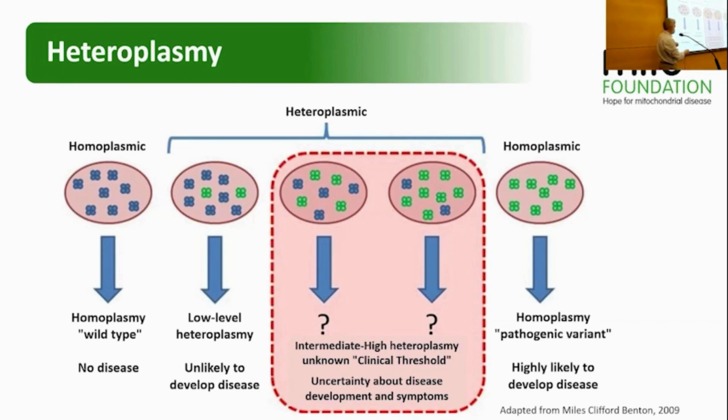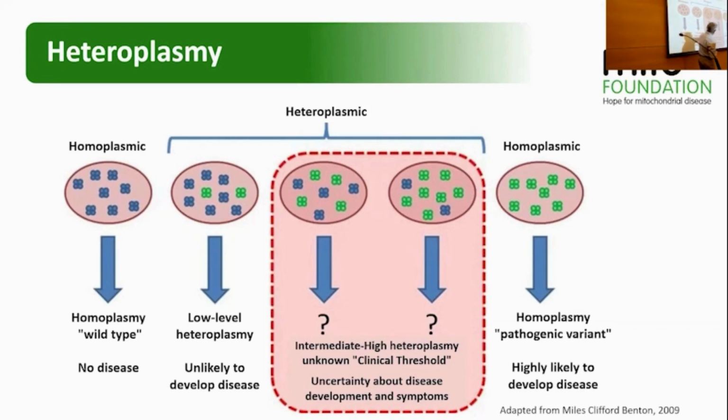So the challenge then becomes when you have these intermediate levels. For a lot of mutations, they can be present at maybe 20%, 30%, some of them even 80% or more of the DNA can be mutated, if you like, or disease-causing, and they're still unlikely to cause disease. And for common mutations, we have a pretty good feel for how much is needed before it causes disease.